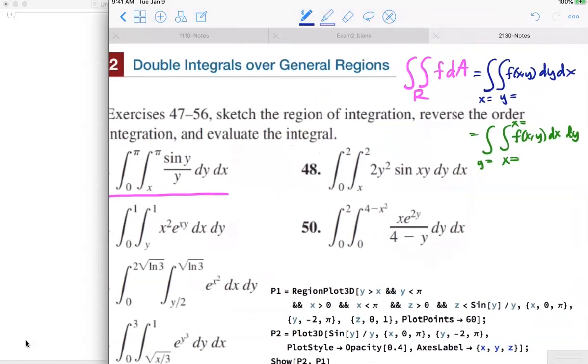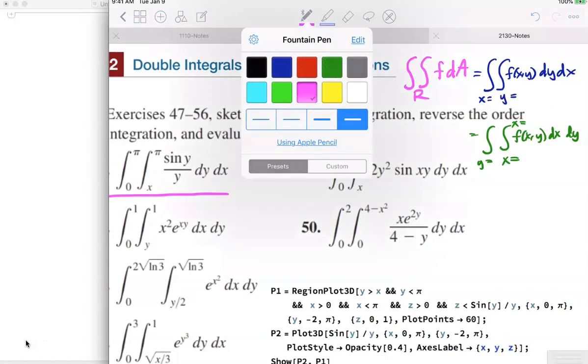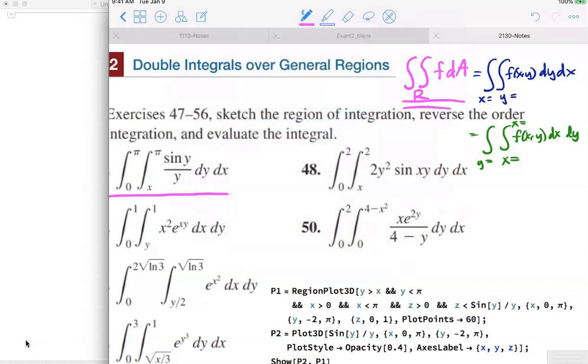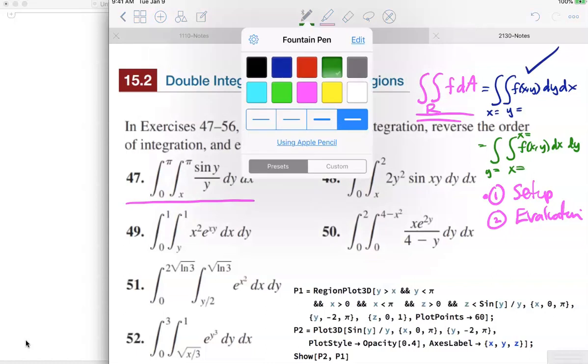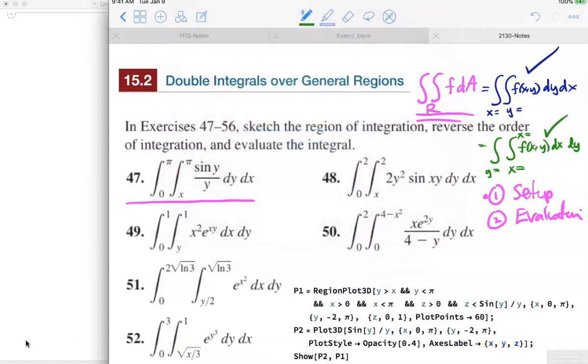The thing to keep in mind about double integrals and integrals in general is that there are always two parts to the problem. There is the setup phase, and then there is the evaluation phase. So from a certain point of view, maybe these integrals are both the equivalent amount of work to set up. So there's really no preference of one over the other.